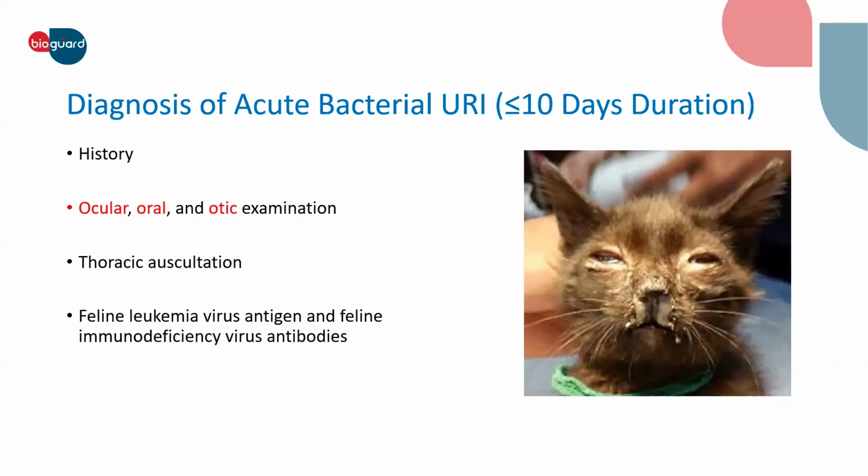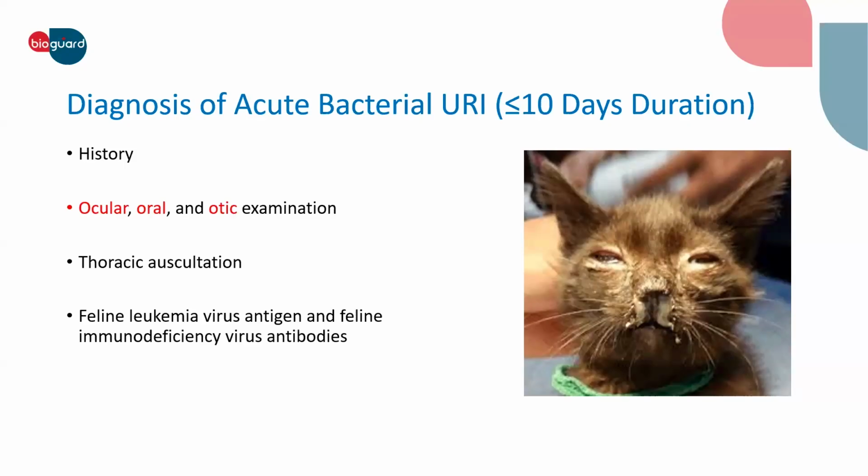Although feline leukemia virus and feline immunodeficiency virus won't cause URI, if the cat is infected with FeLV or FIV, it may compromise the immune system and make them lack the ability to protect themselves.